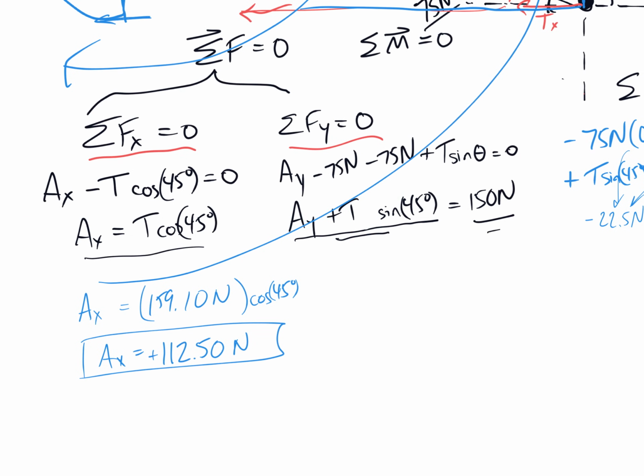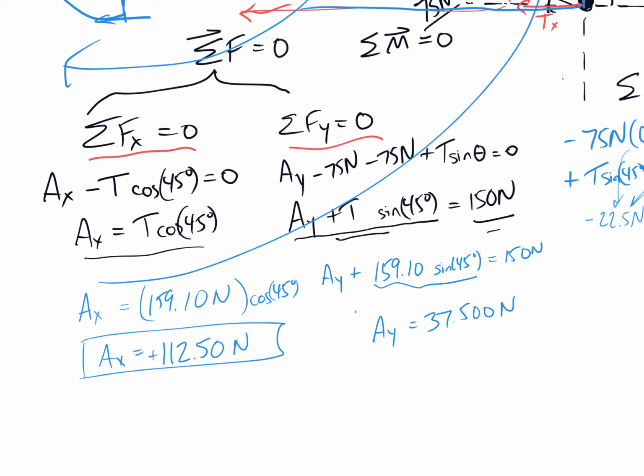Ay, on the other hand, let's see how that one works out. So Ay plus 159.10 sine 45 degrees equals 150 newtons. Well, we know what this quantity is, it's 112.50. So Ay is going to equal 37.500 newtons.